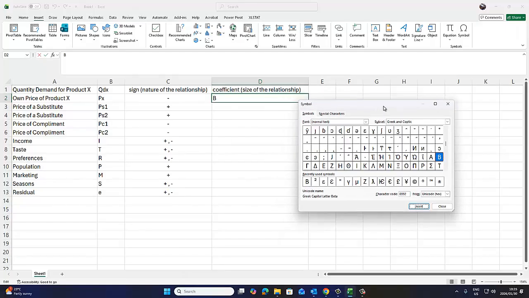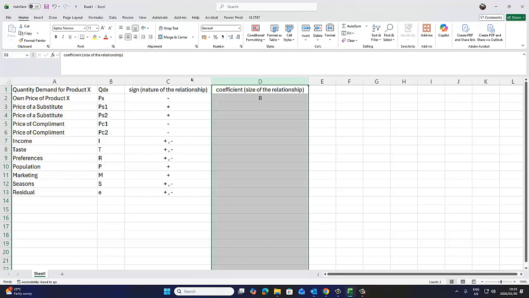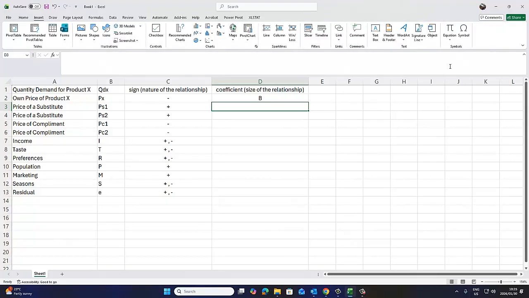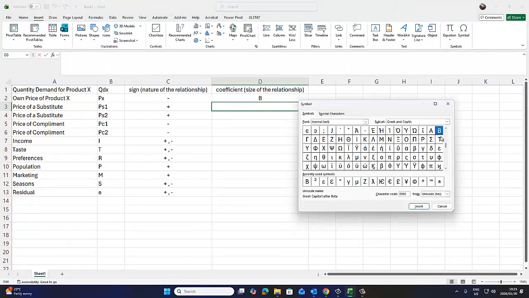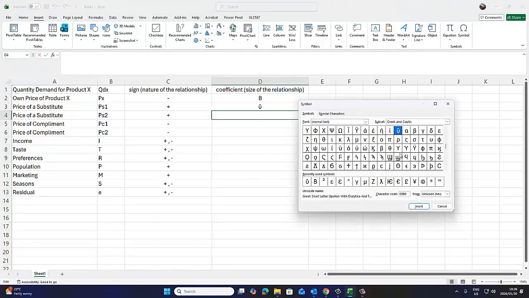Okay, so normally it's a beta symbol, price of substitutes. Let's do that. Price of substitutes. Insert, let's just put in any. You can do any of them.